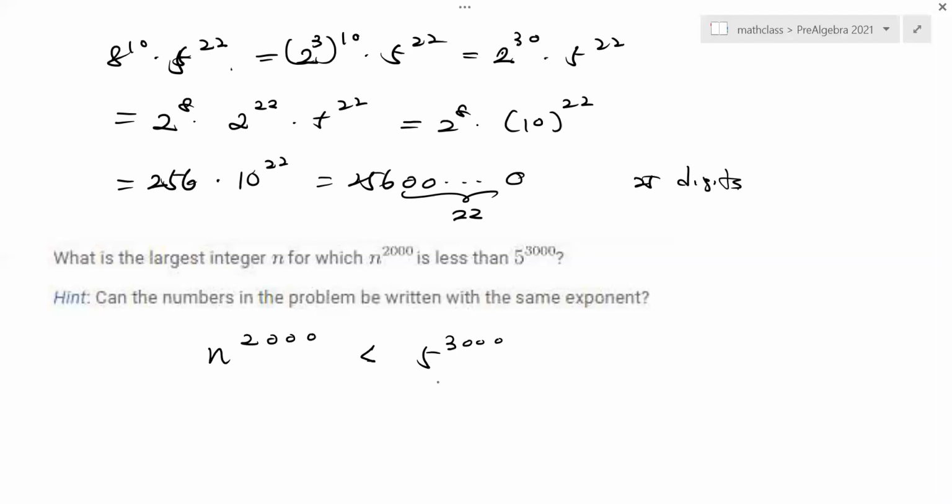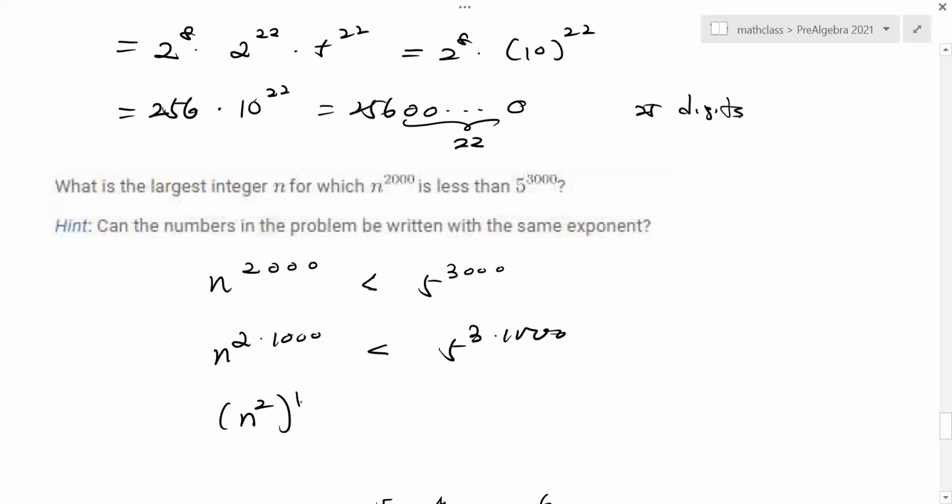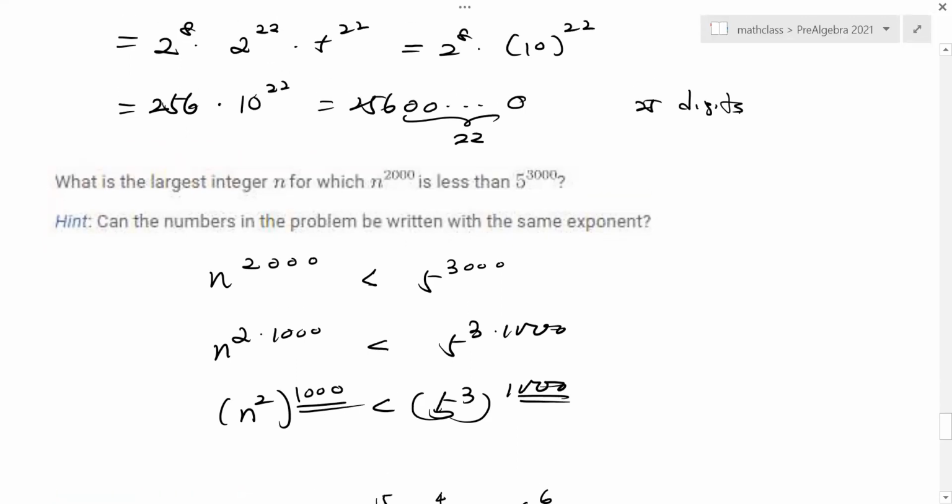So the power here is too large. It's harder to handle, so what we're trying to do here is simplify. 2000 is 2 times 1000, and 3000 is 3 times 1000. They have the same power, so this is really equivalent to n squared less than 5 cubed. 5 cubed is going to be 125.